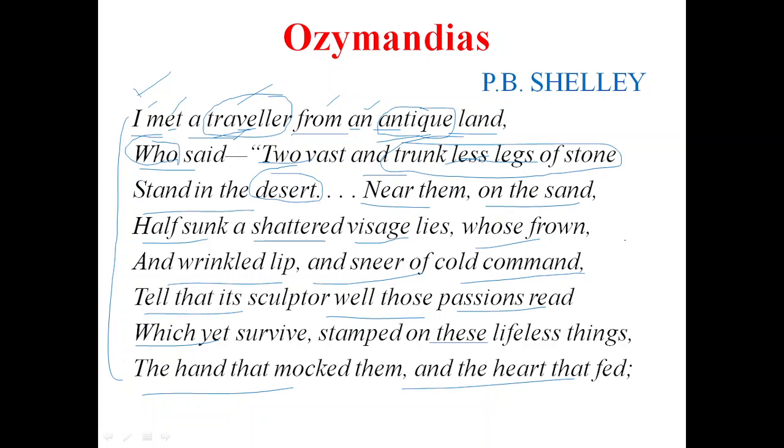That means the statue, the head of that statue or the face of that statue is lying half buried in the sand. Okay, so I think these lines are clear to you.